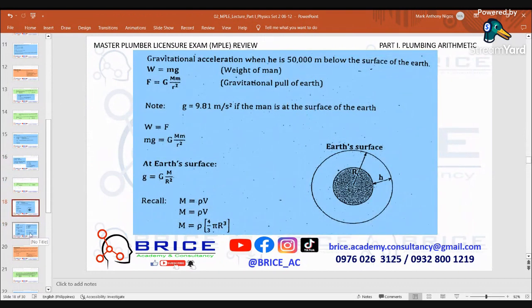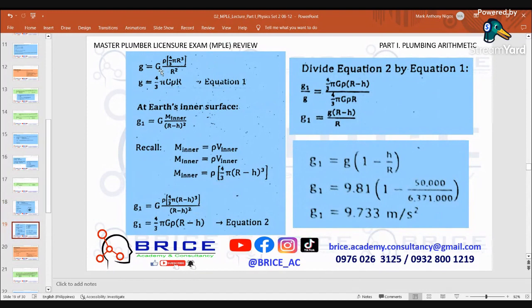If we substitute M, the mass of the Earth, using the equation, then g is equal to 4/3 pi G rho R. At the inner surface, g1 is equal to G M inner over the quantity R minus h squared.